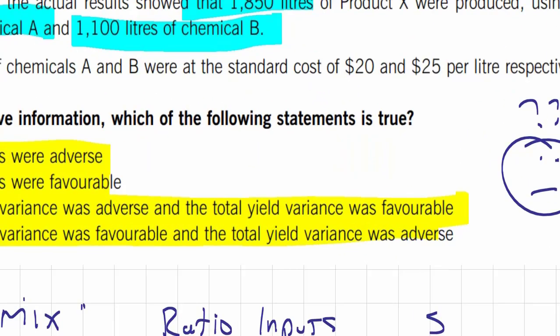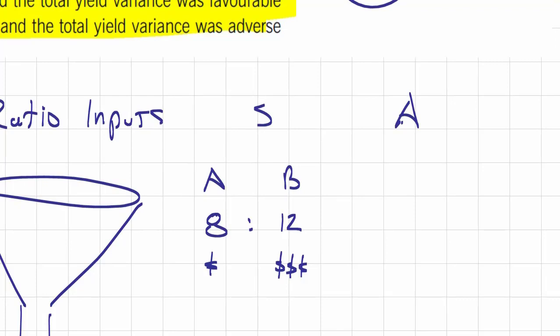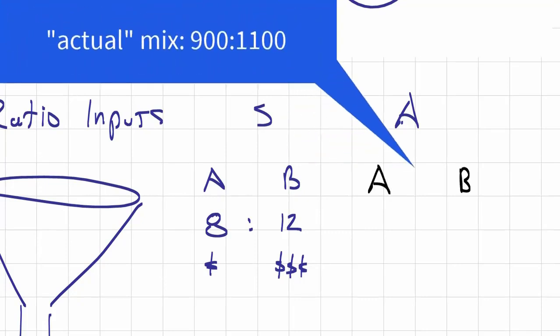Let's just put those numbers side by side. Now if we look at actual, product A, product B, 900 and 1100.